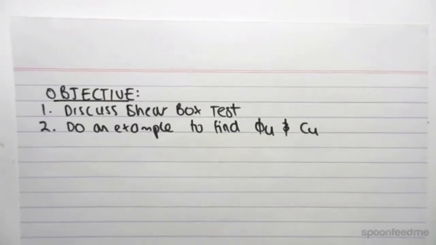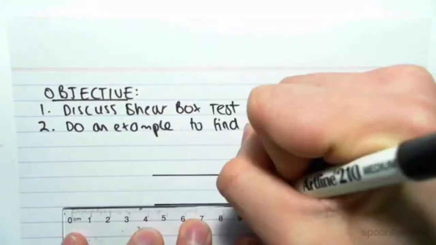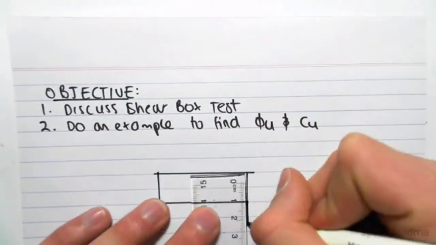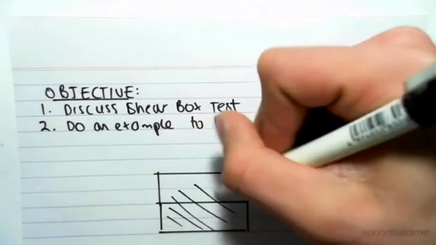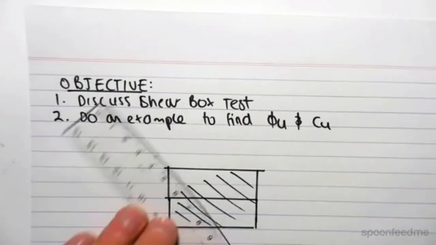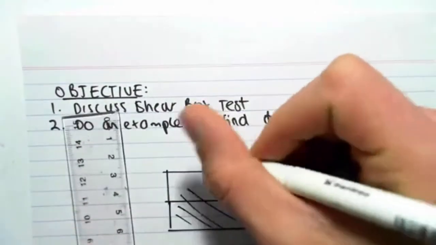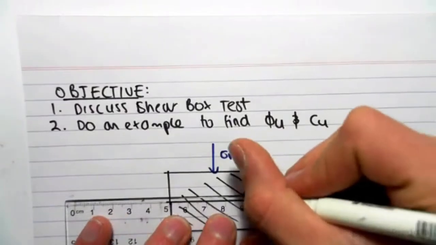So the shear box test, the way it works, just very simply, I'm not going to go into the specifics, is we have two boxes which are aligned one on top of each other, and we have our sample of soil inside these boxes. And what we do is we apply a normal stress, so that would be a force, but because it's acting over an area, it's a normal stress, and we apply a shear stress.